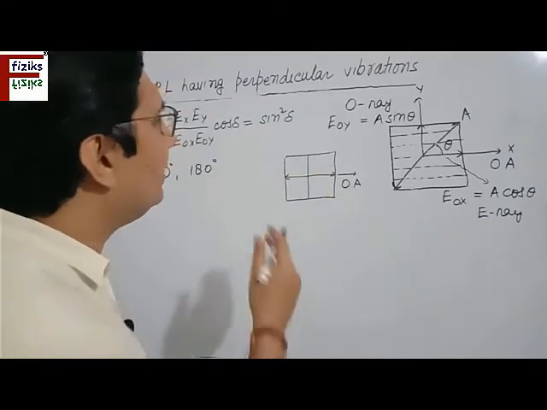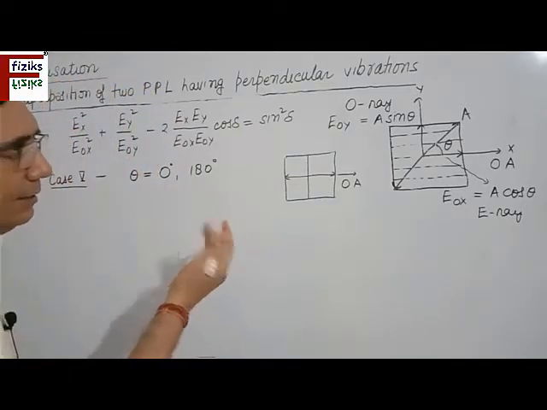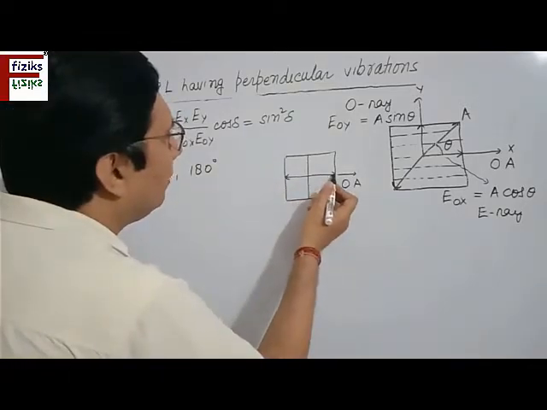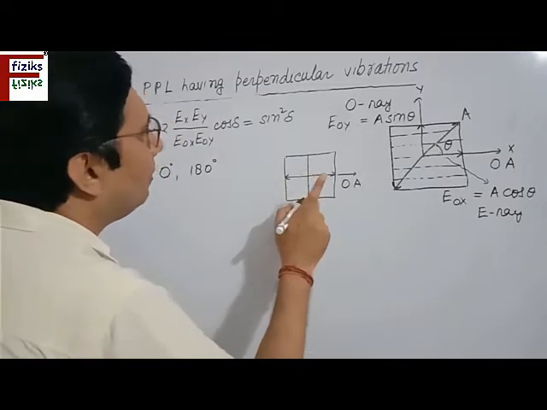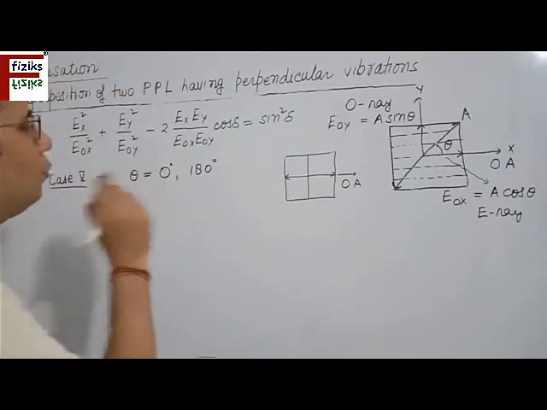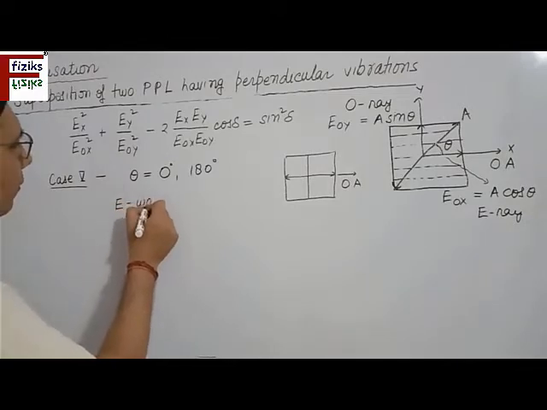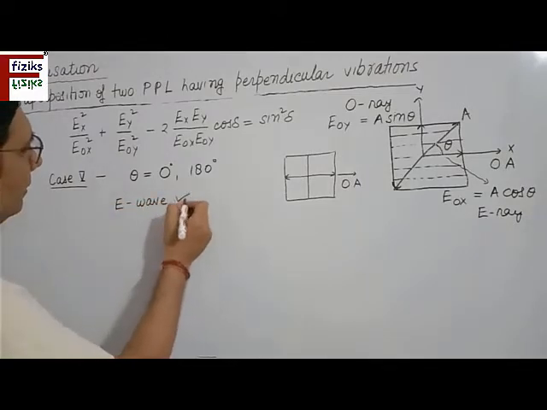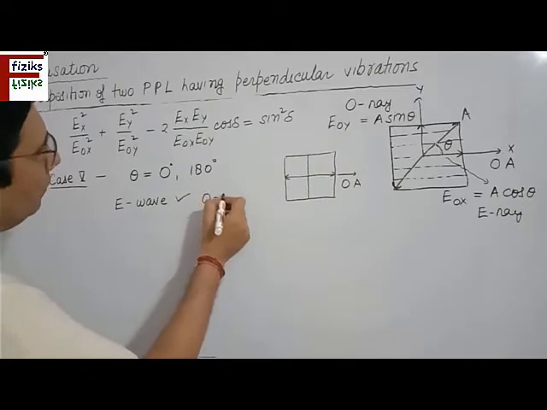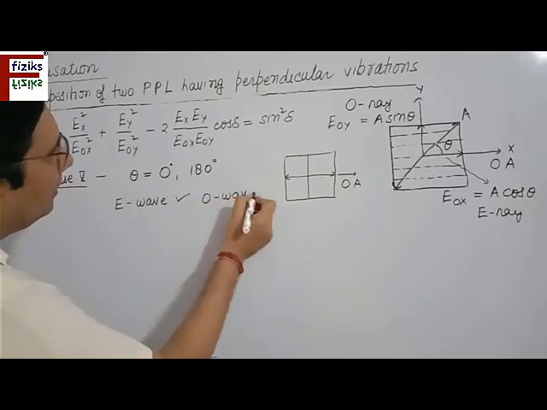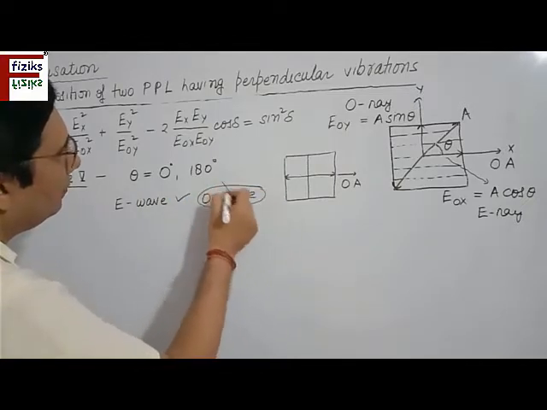The meaning of this is there is no double refraction here. Only one component will be here, only the E component, and there will be no O component. So only the E wave will be present. There will be no O wave here.